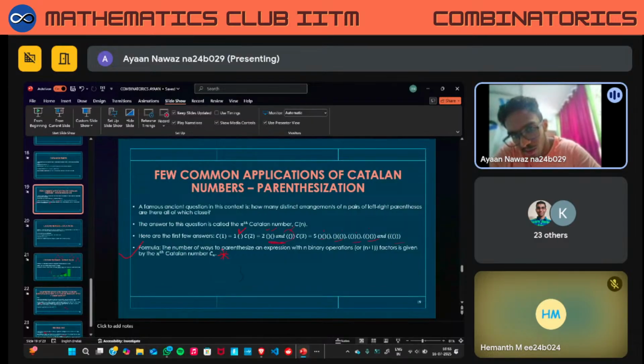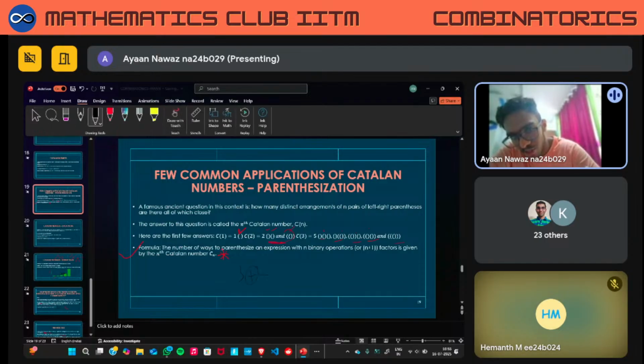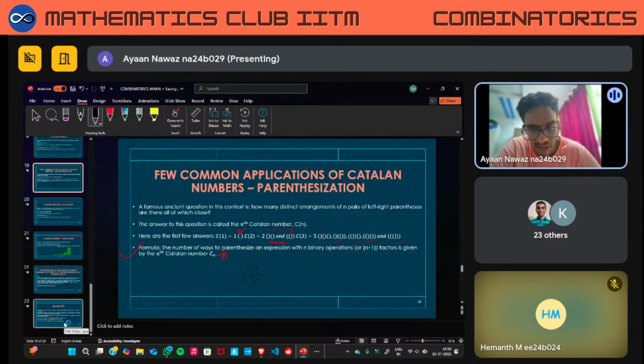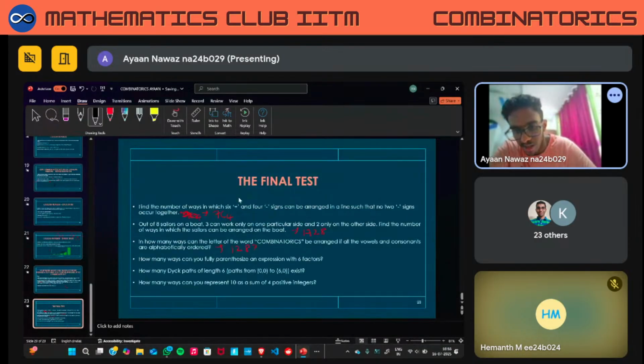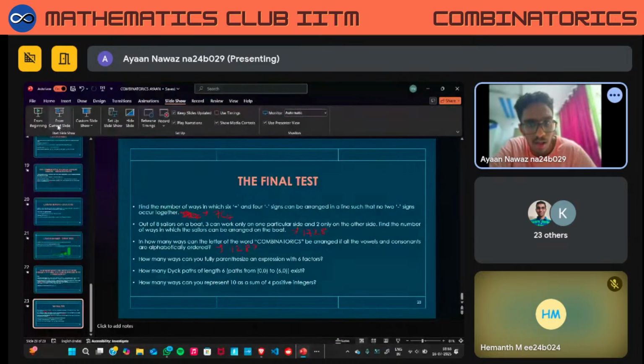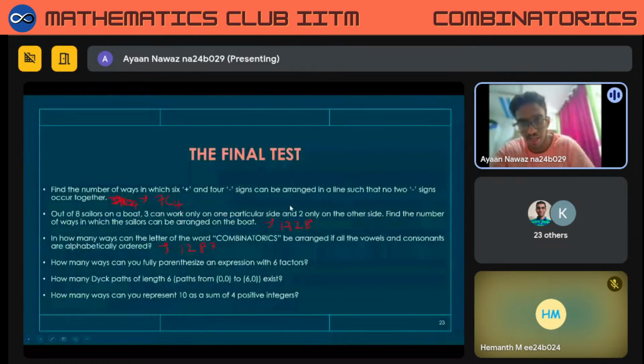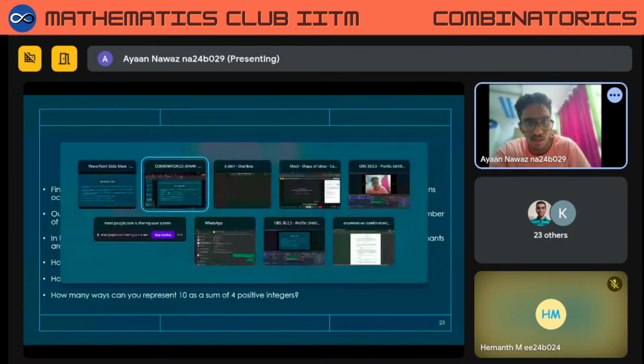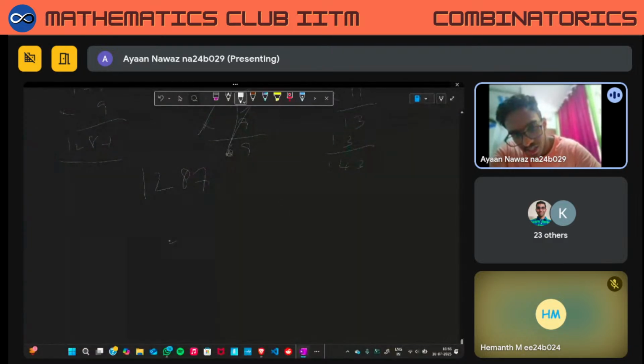So 3 plus 2 has one binary operation, two factors, like that. So n plus 1 factors. Here n plus 1 is 6, so n is equal to 5. So the answer will be Catalan of 5.